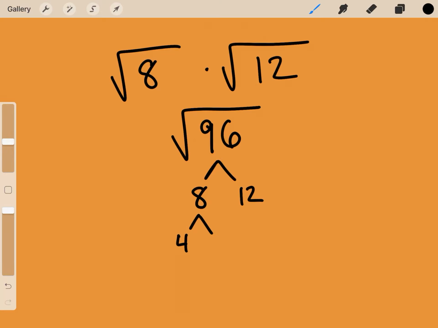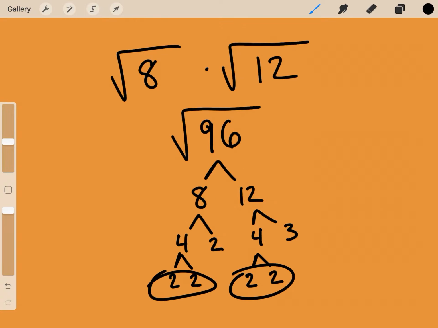8 gets broken down into 4 and 2. 4 gets broken down even more. 12 also can get broken down into 4 and 3. 2 and 2. I see a pair of 2's and a pair of 2's. So I know 2 things are leaving.